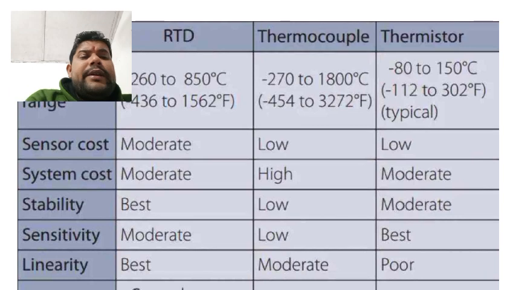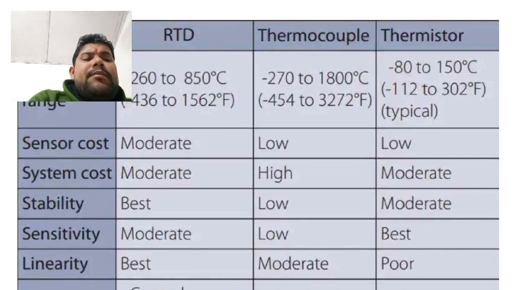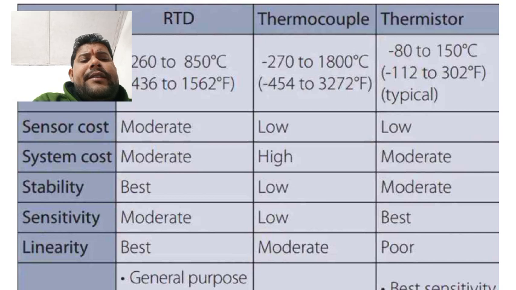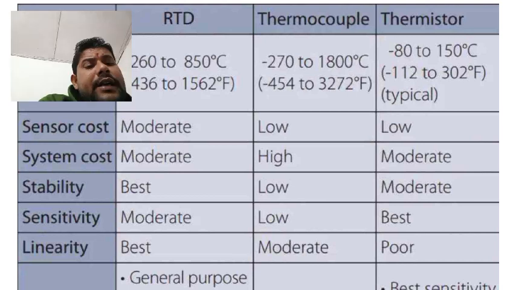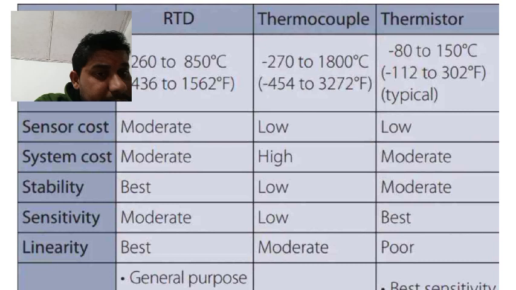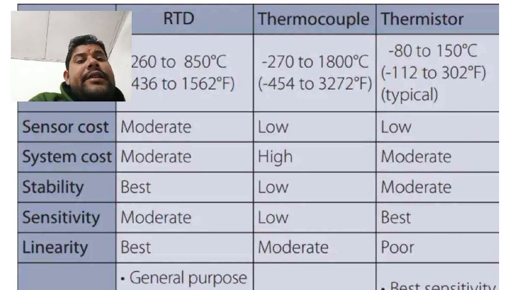Thermistors are very sensitive. Linearity: RTD is the best linear because we use platinum. Thermocouple linearity is moderate, and K type is generally more linear and gives a good output. Thermistor is poorly linear, it is a completely non-linear device.